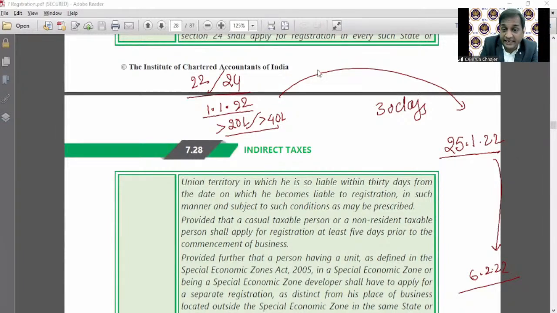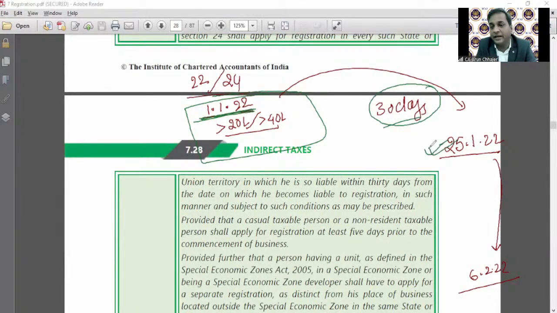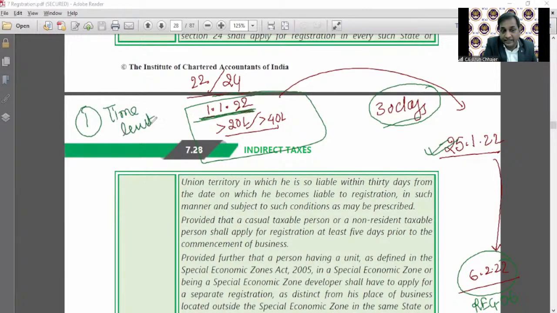So what was my example? I was liable to take registration from 1/1/2022. I had to make an application within 30 days. Suppose I have applied on 25th Jan 2022. My certificate in REG 06 has been granted on 6th Feb 2022. The first point I like to explain is the time limit within which I need to make an application.